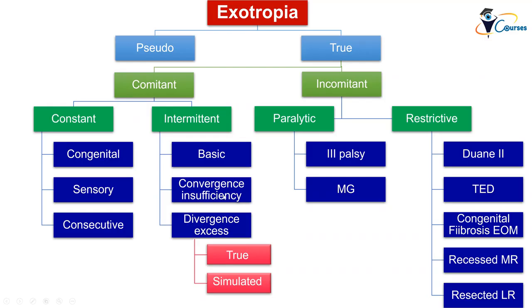Or it can be of convergence insufficiency type. And in this case, the patient has exotropia that is more for near than for far. So when he is trying to converge, there will be more exotropia than when he is looking at a far target.